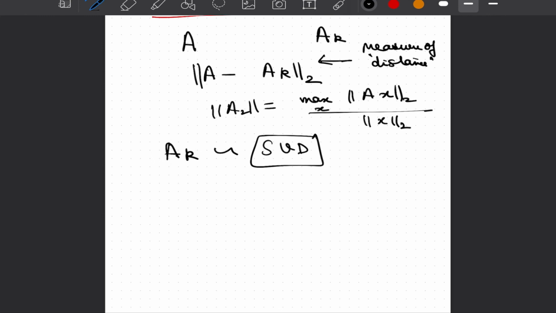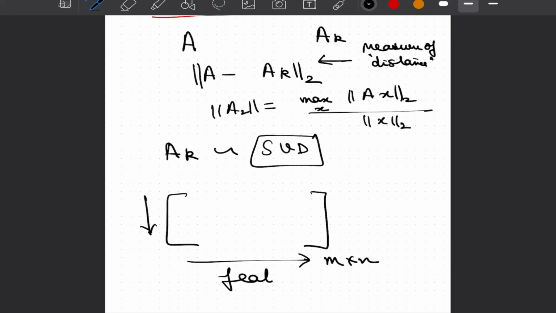With this, we see how we started our discussions all the way from spans, subspaces, and bases, and ended up working on a real world image that can help us reduce the data. Whenever you work on data, you would typically be working with M cross N matrices, where you have features here and different samples here.